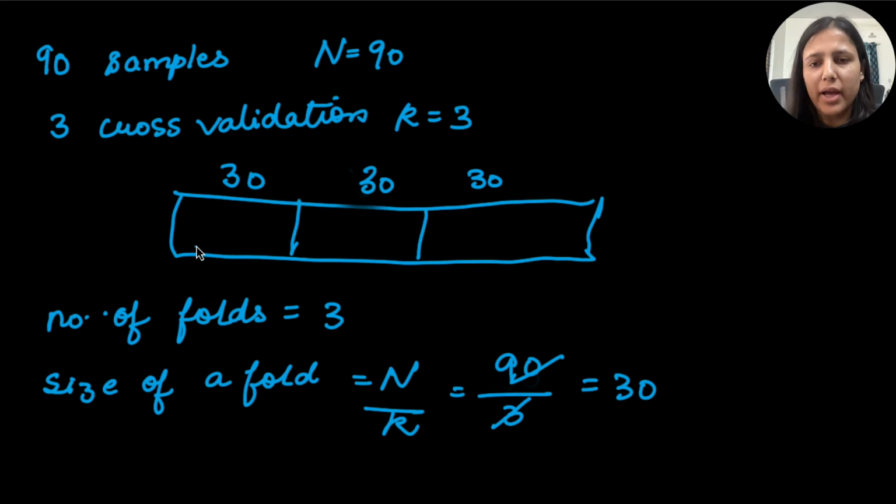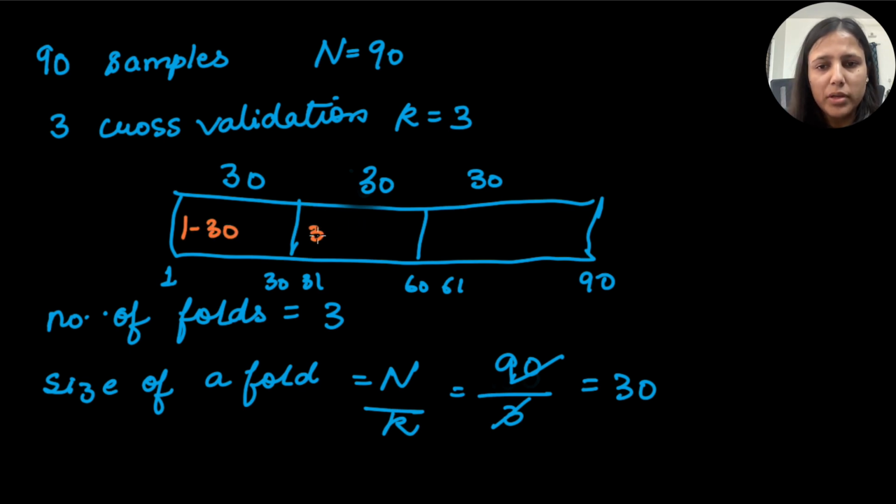If I have an index for those samples, they start from here, so sample 1 to 30 here, 31 to 60 here and 61 to 90 here, right?